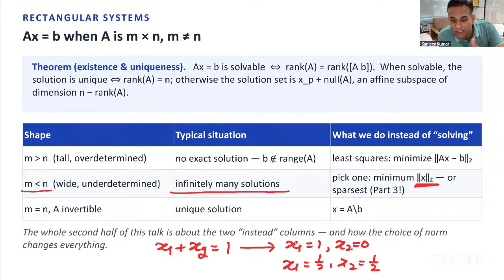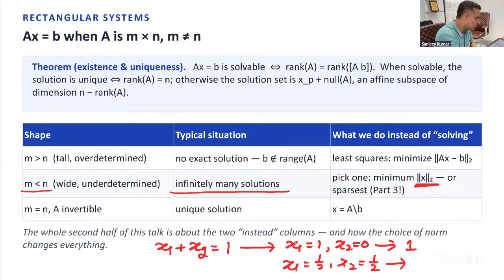So out of all these solutions, I will take the solution which minimizes the L2 norm of the solution. So for example, what is the length of this? The length of this is 1. Length of this will become 1 by 4 plus 1 by 4, 1 by 2, and then you will take the root, so 1 by root 2 and so on. So whichever has the minimum length, that solution I will find out. That will be useful to me.